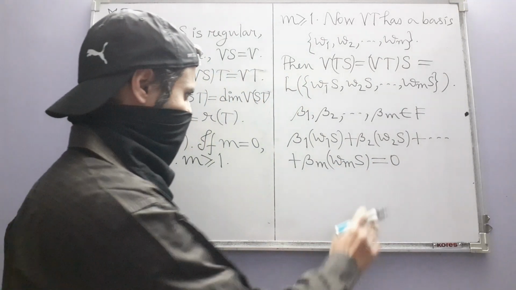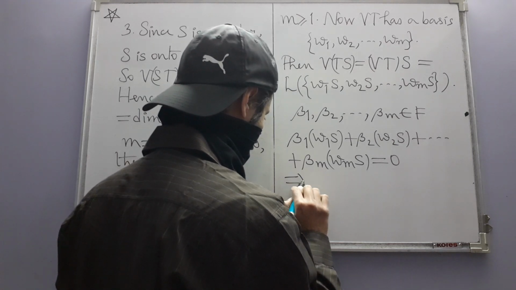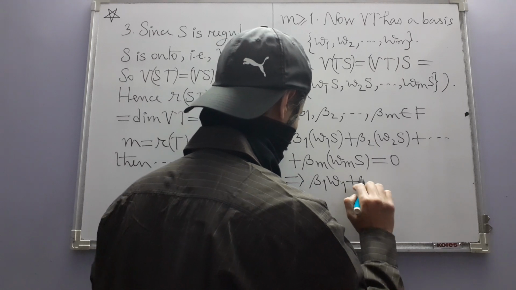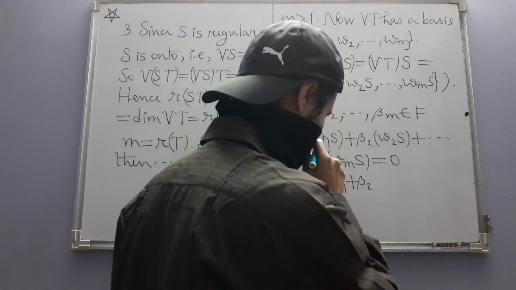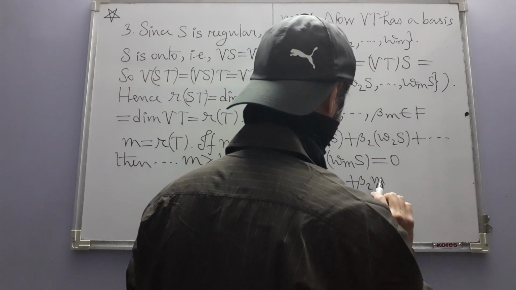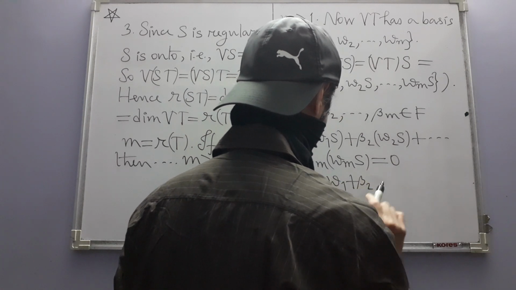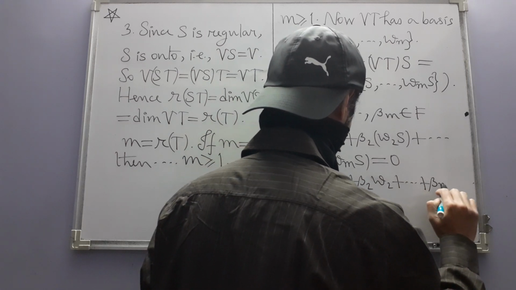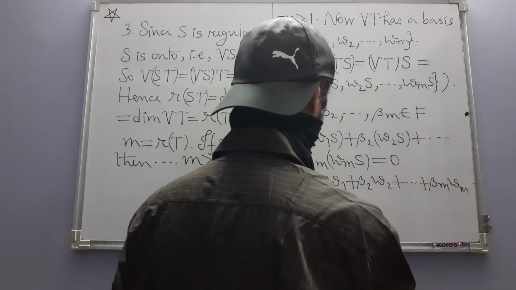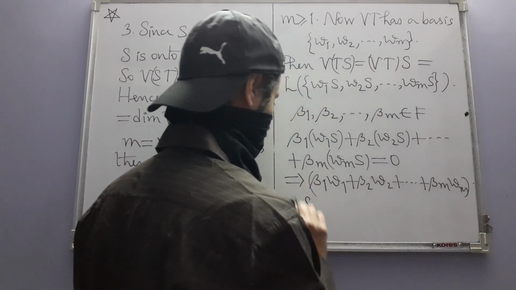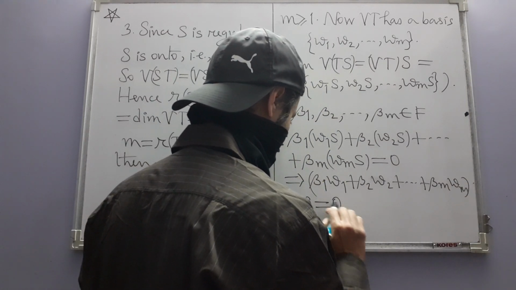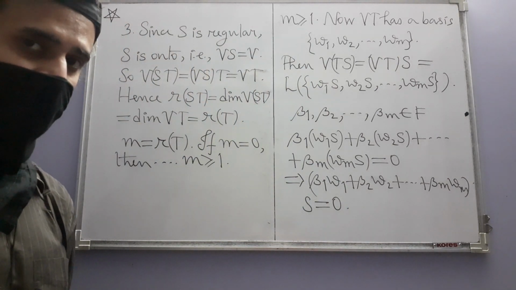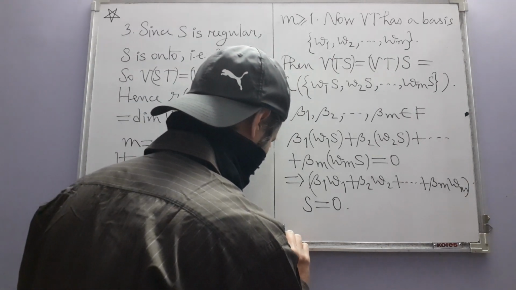Okay, now because S is a linear operator, this means the S image of this linear combination of the W's is 0. The S image of this is the 0 vector. However, S is regular, so S has an inverse.